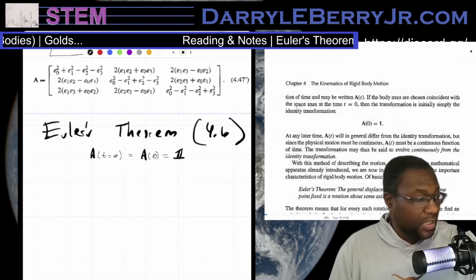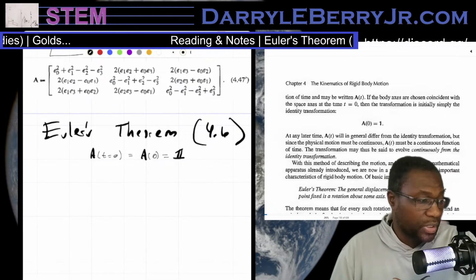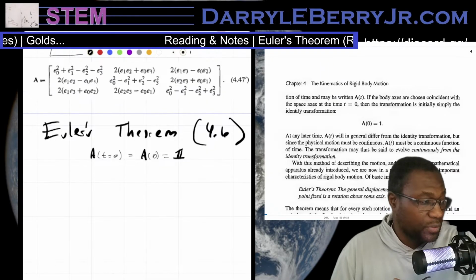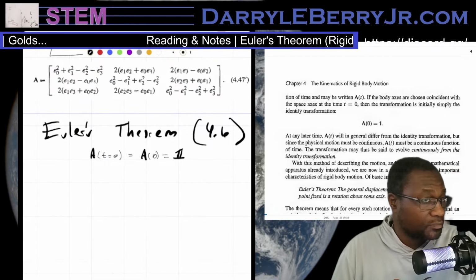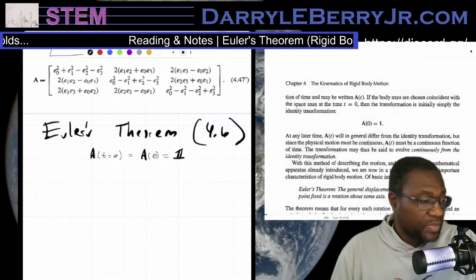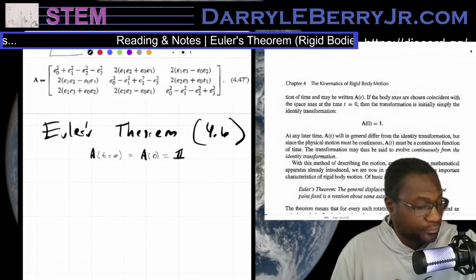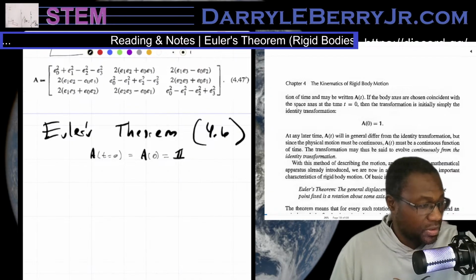At any later time, A of t will in general differ from the identity transformation, but since the physical motion must be continuous, A of t must be a continuous function of time. The transformation may thus be said to evolve continuously from the identity transformation. Makes sense? This is rotating smoothly.